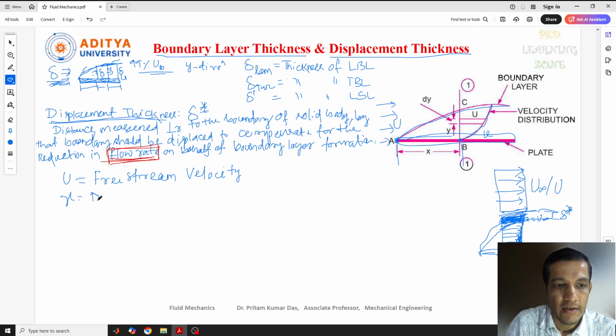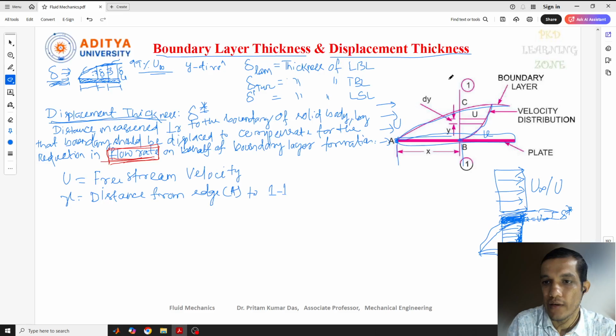X is the distance from the edge, from point A, to the section 1-1 that we have considered at a distance of x. Now the velocity of the fluid at this point: we know that the no slip condition is there.